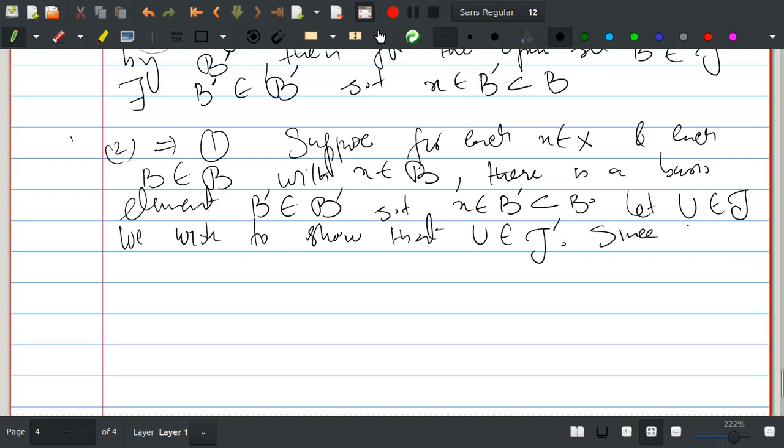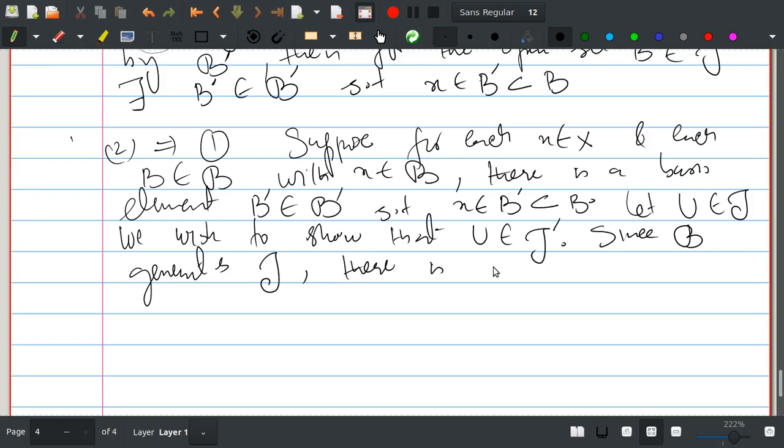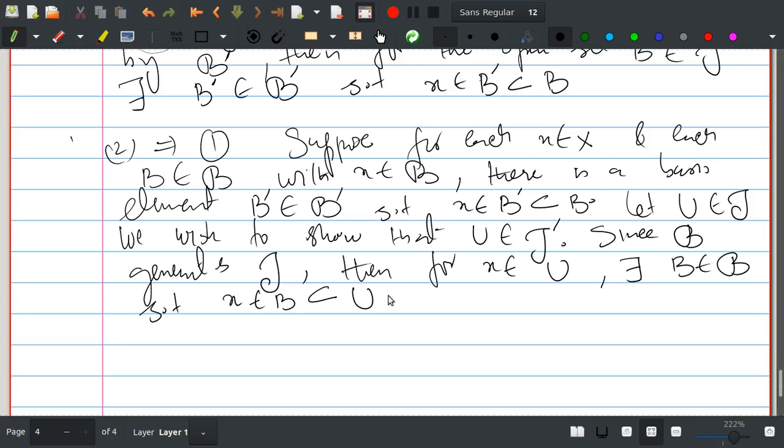Now since B generates the topology T, for an element x in U, there exists b in B such that x is in b and b is contained in U. Then by hypothesis, so this is our hypothesis.